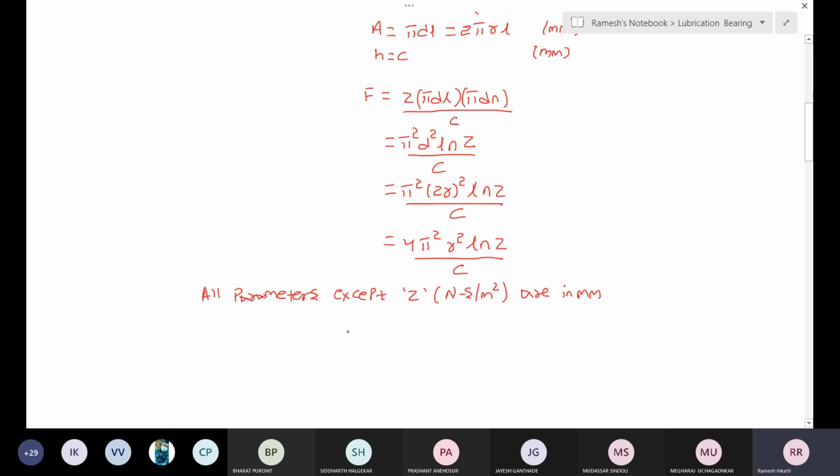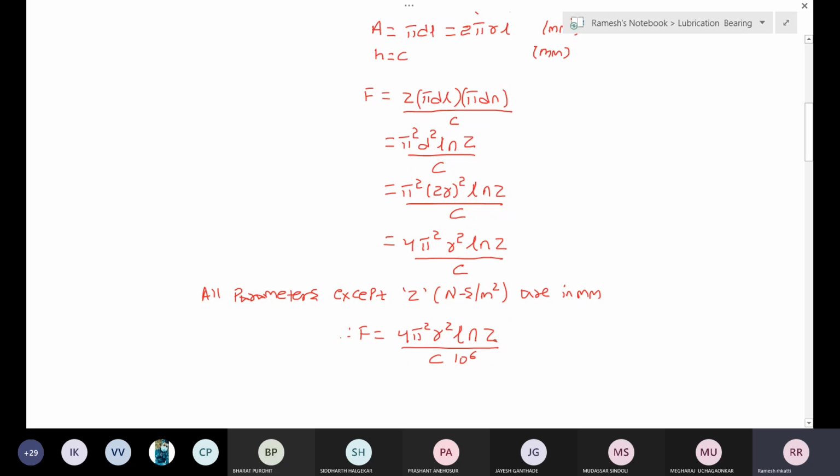Therefore, F is equal to 4 pi square R square L n into Z divided by C. Here it is Newton second per meter square. Meter square, you need to convert that into mm square. 1 meter is equal to 1000 mm. Here it is square, so 1000 square means it is 10 raised to 6. Now, the unit of Z, absolute viscosity or dynamic viscosity, is in Newton second per mm square.